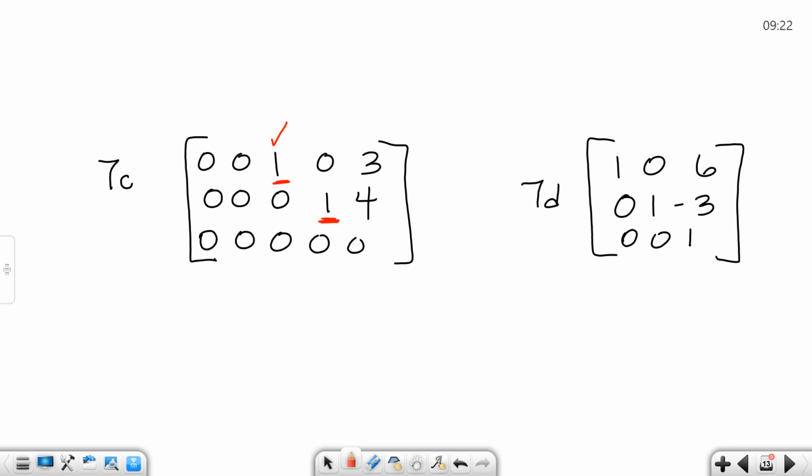The solid row of zeros is at the bottom, so that's okay. Now, the characteristic of reduced row echelon form is that any 1 in the problem has to have zeros above and below it. This one has zeros below, and this one has zeros above and below. Since the 1s have only zeros above and below in those columns, this one is actually called reduced row echelon form.